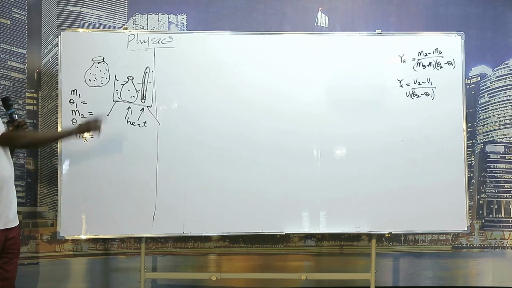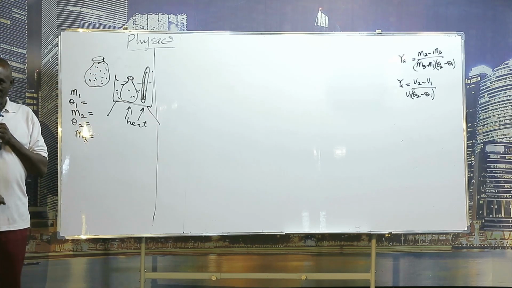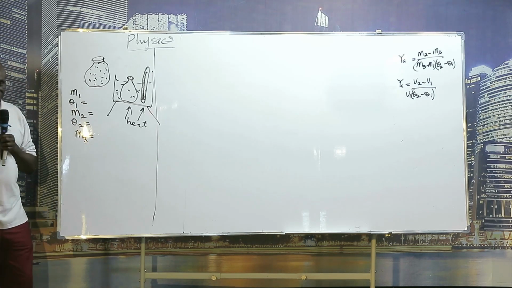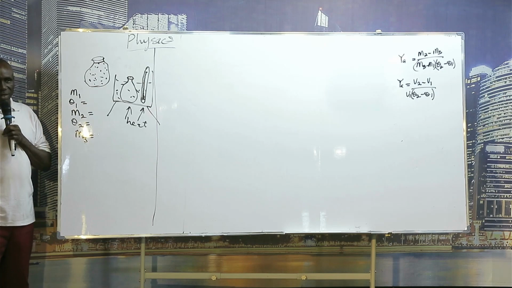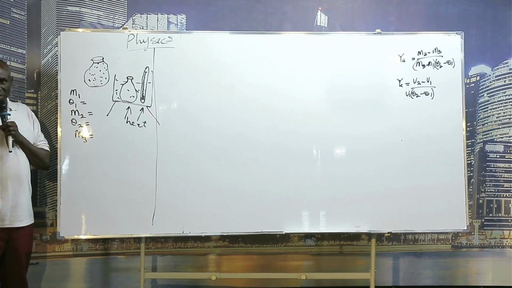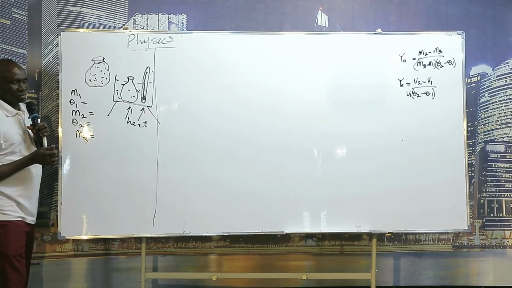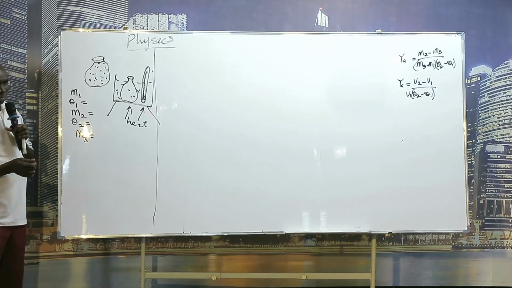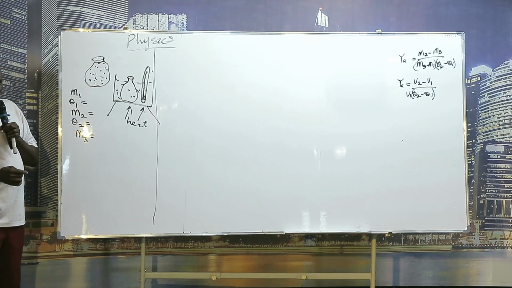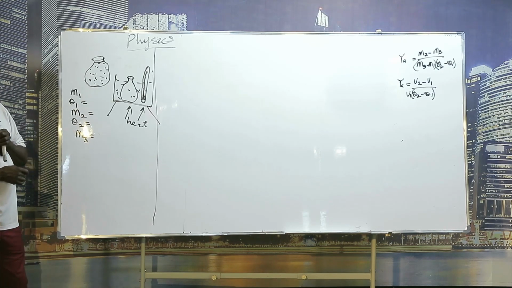So with this, let me form the information again. But before then, let me ask the same question. Let me have your attention directly here. Everybody, stop writing. M1 is what? Theta 1 is what? M2 is what?